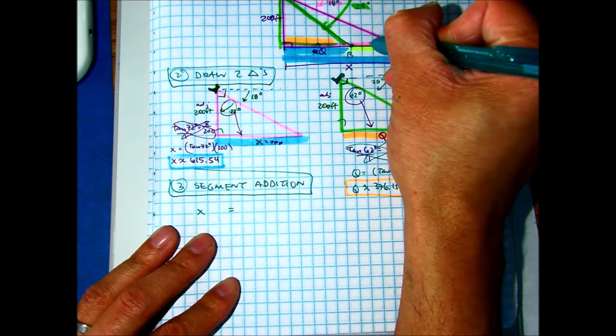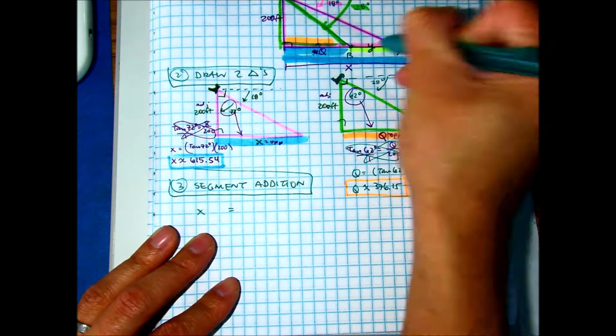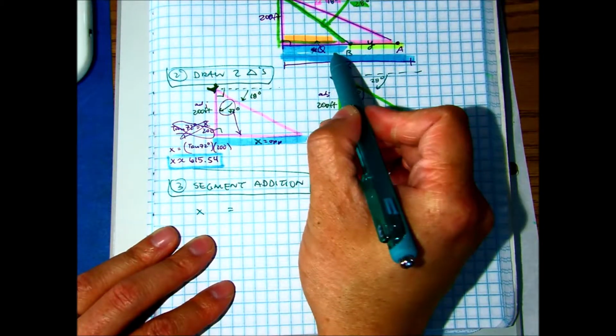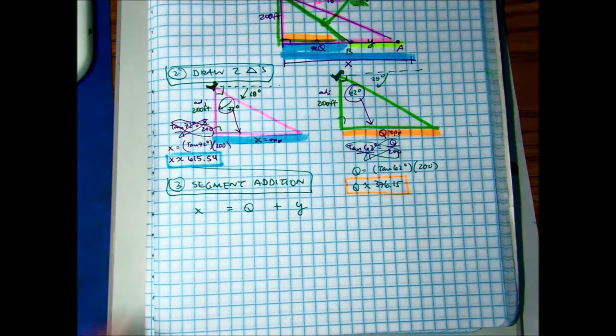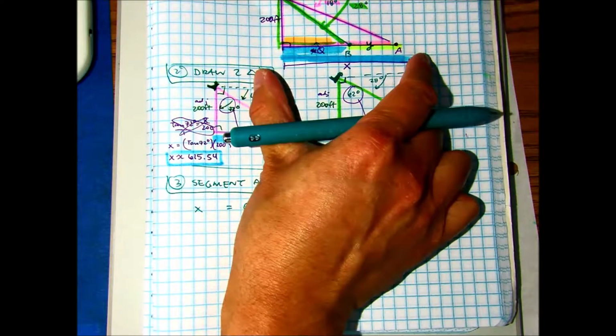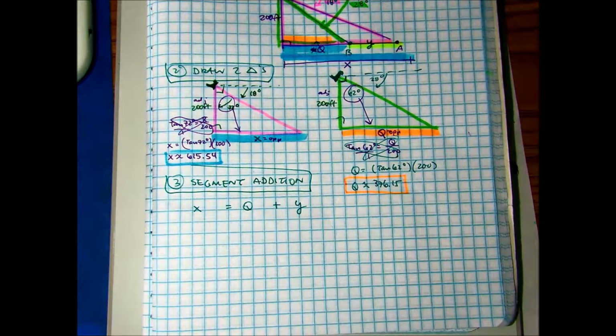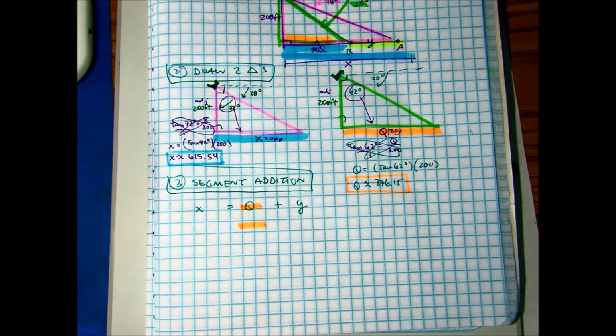So q plus y equals x. Q plus y equals x. Small plus small equals big. So Q is my small. My Y is what we're trying to solve for.